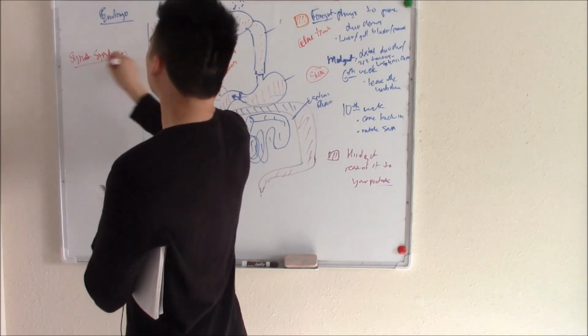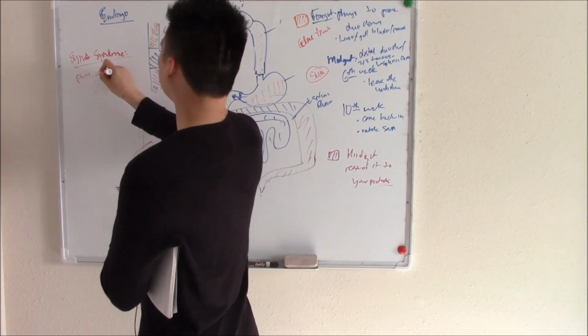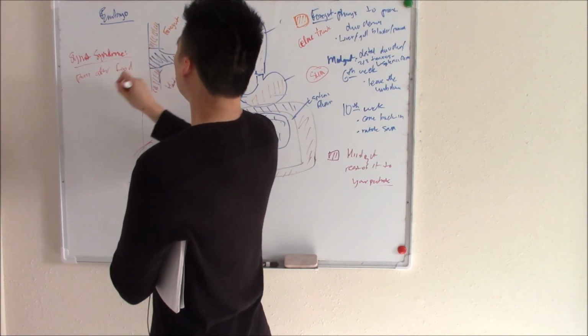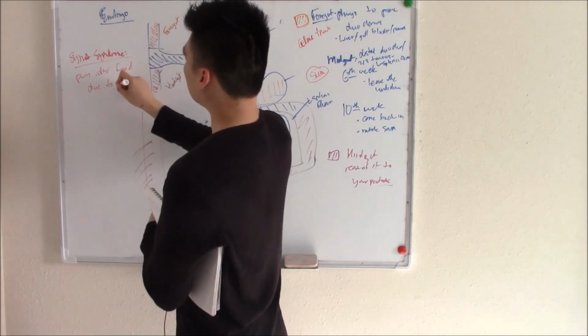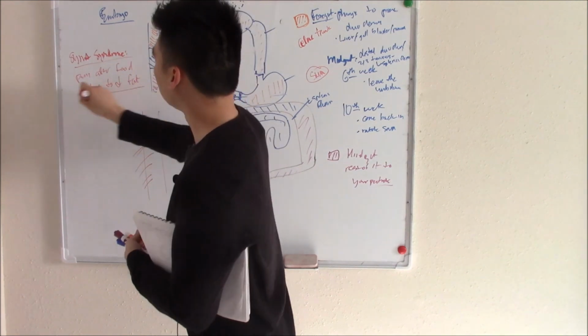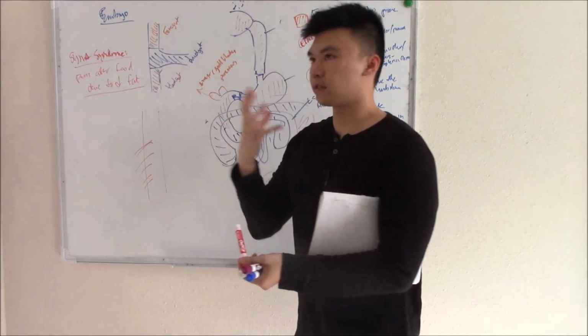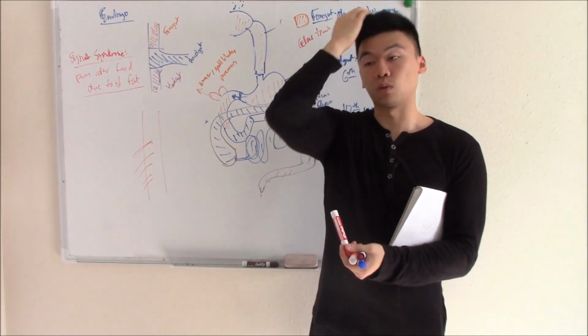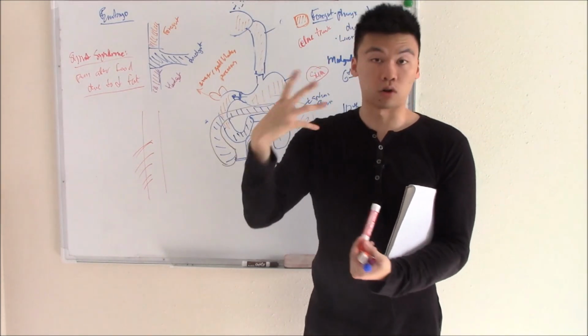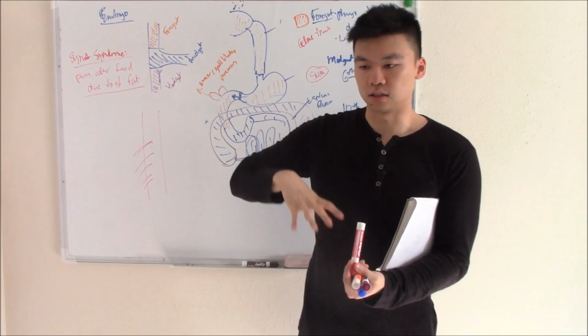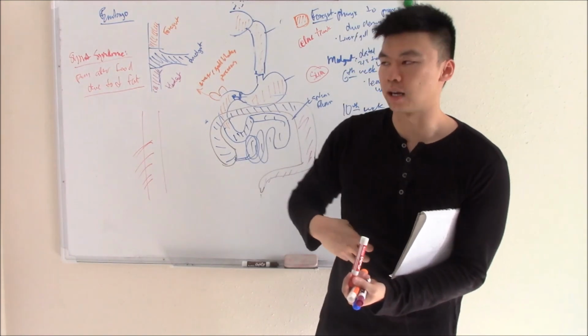So I'll say pain after food due to decreased fat. Anytime you have pain after food, there's a few differentials. If the patient is overweight, then you can think of gallstones. Every time they eat, gallstones will try to get released and they get pain after eating.